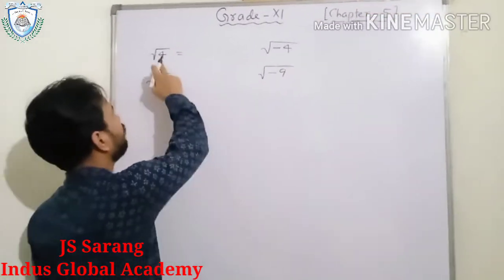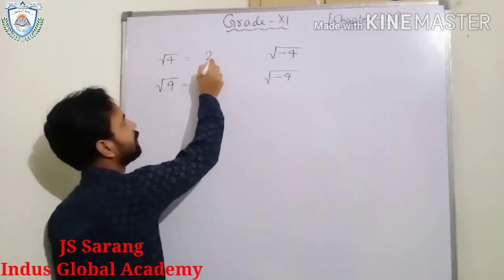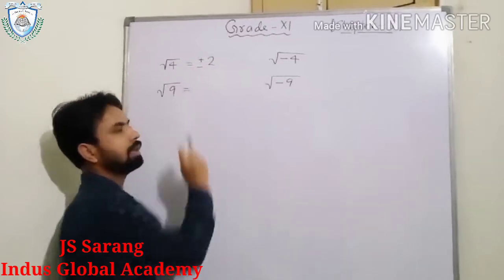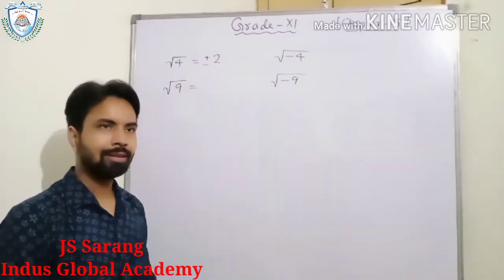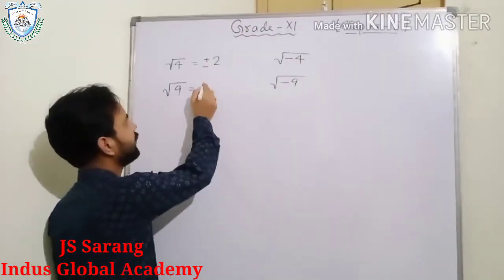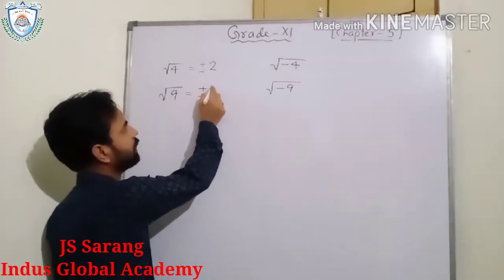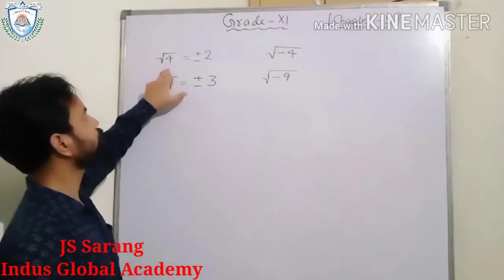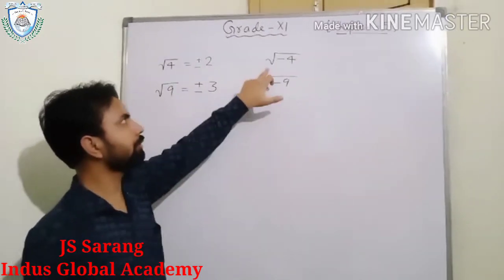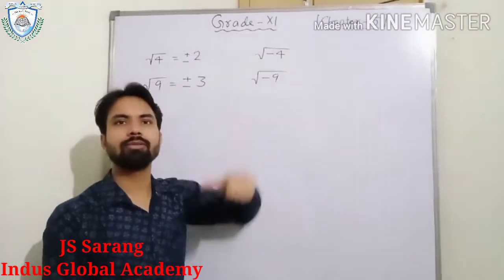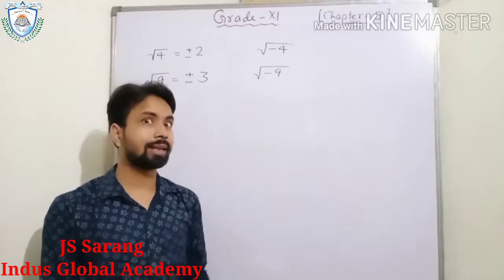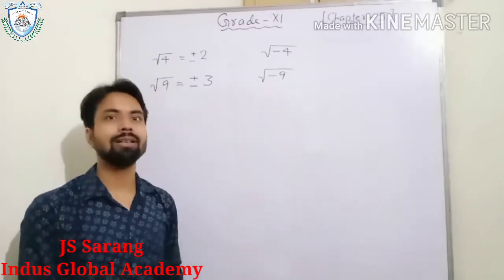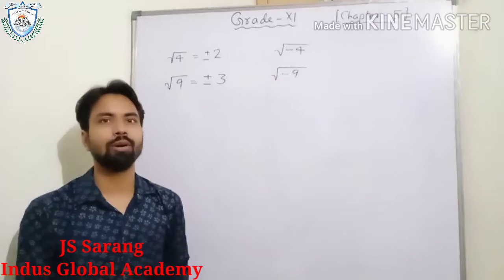Yes, the value of square root 4 is plus minus 2. Same, under root 9, its square root will be plus minus 3. Now my question is, if square root 4 is plus minus 2, what is the value of square root of minus 4? If you are thinking the value of this is minus 2, that means it is wrong.